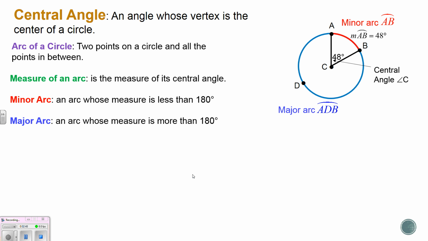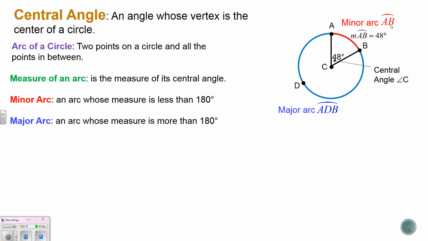Okay, so then the major arc is the arc that's bigger than 180 degrees. So in this circle, if I took the arc from A going all the way through point D and then getting to B that way, notice that I'm labeling it ADB as opposed to just AB.